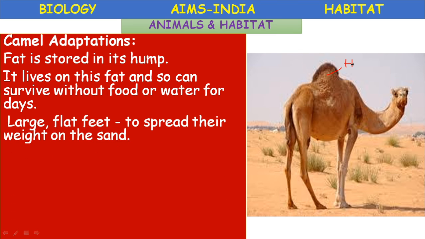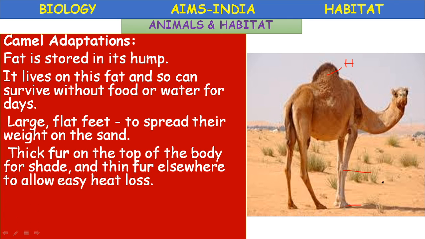Large flat feet, strong knees, pad-like, to spread their weight on the sand. Thick fur on the top of the body for shade and thin fur elsewhere to allow easy heat loss.